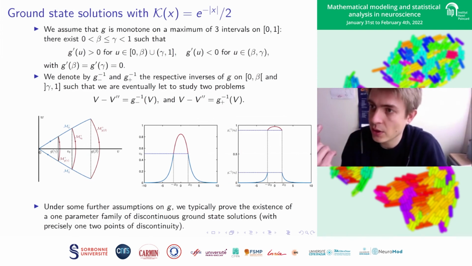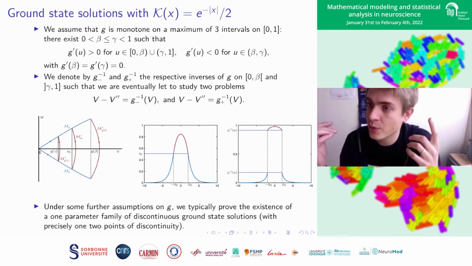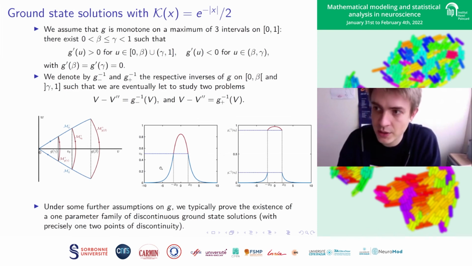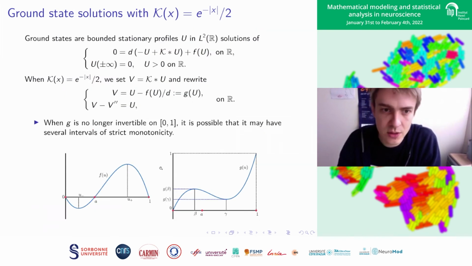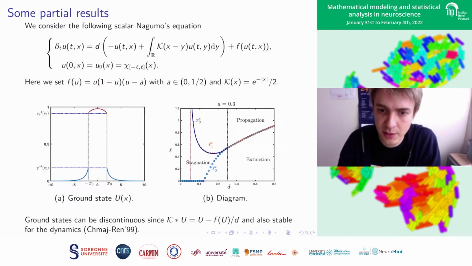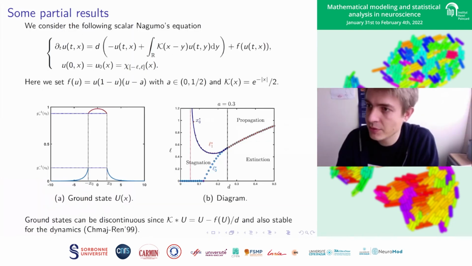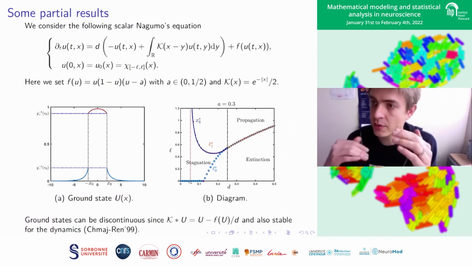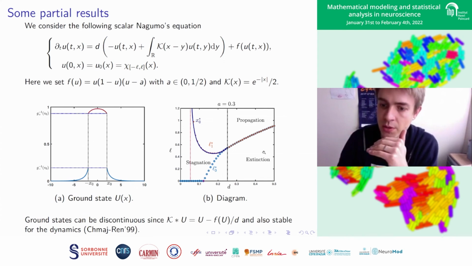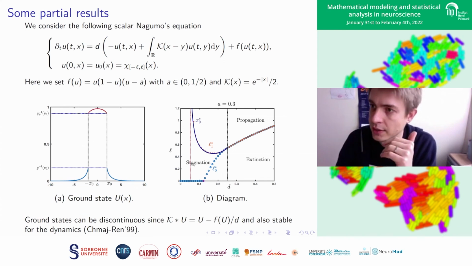The second part is, does the exponential kernel allow you to get a closed form formula for any type of threshold? The answer is yes and no. It's kind of miraculous in that case: you see I have several boundaries between extinction, propagation, or stagnation.